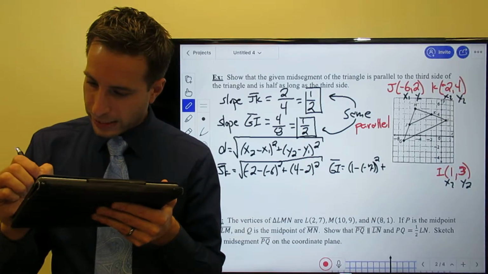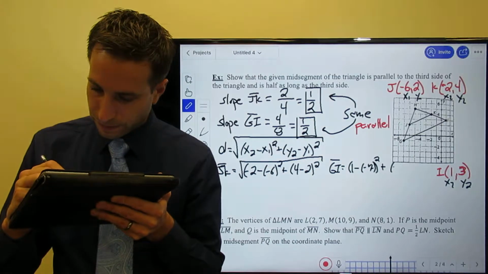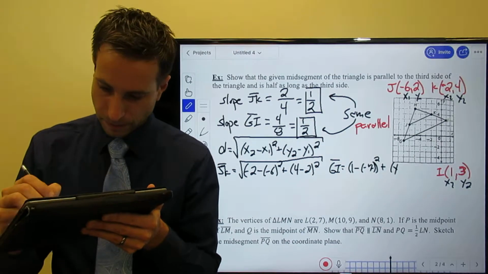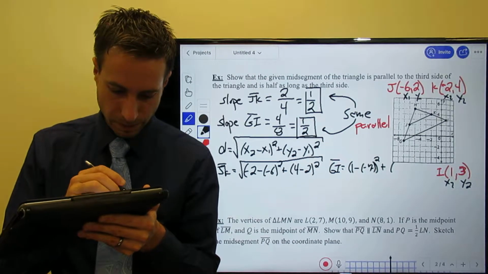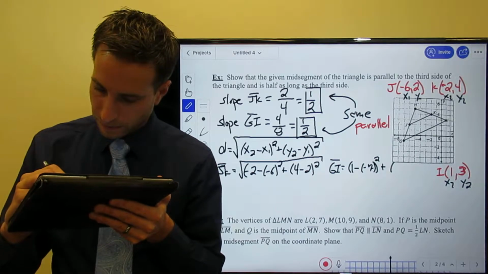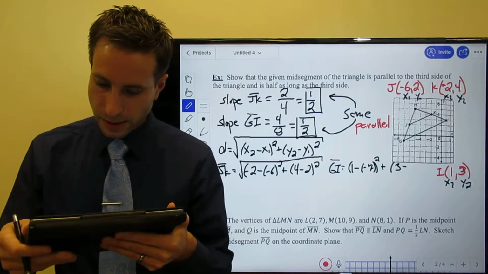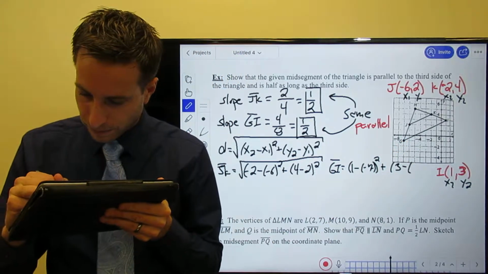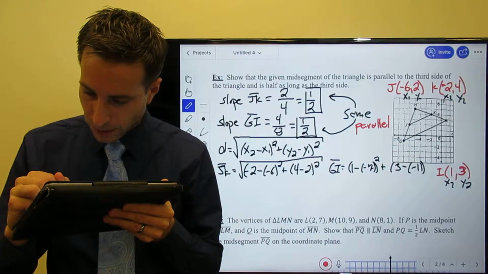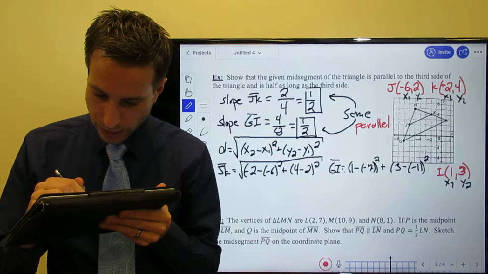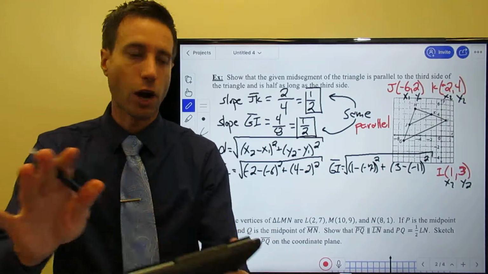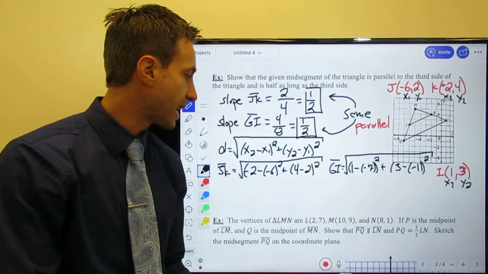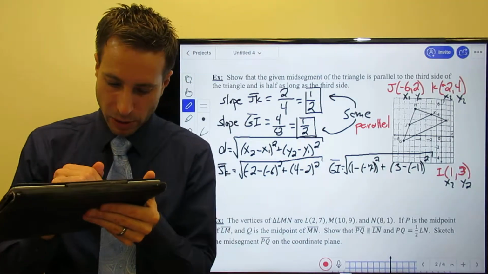Let's see, my y2 is a 3, minus y1, which is -1, and we'll square that. And then, of course, take the square root of all of it. All right, here we go. So now I've plugged everything in. It should be just a little bit of real simple math here.